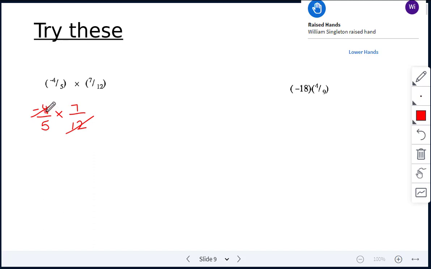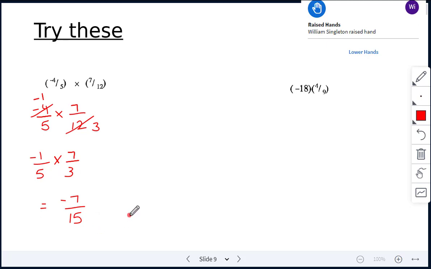So negative 4 divided by 4 gives me negative 1. 12 divided by 4 gives me the 3. Then to rewrite this, I get negative 1 over 5 times 7 over 3, which gives me negative 7 over 15. So negative 1 times 7 is negative 7, and then 5 times 3 is 15.